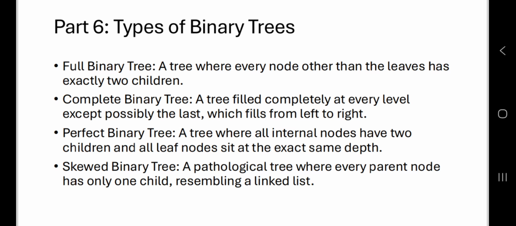Perfect binary tree, a tree where all internal nodes have two children and all leaf nodes sit at the exact same depth. Skewed binary tree, a pathological tree where every parent node has only one child, making it resemble a linked list.